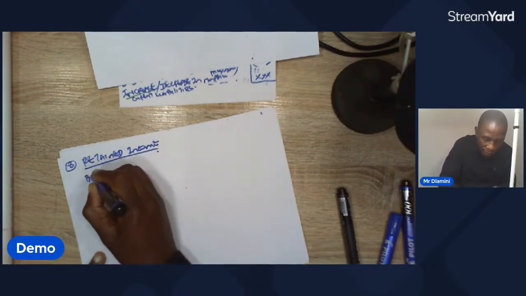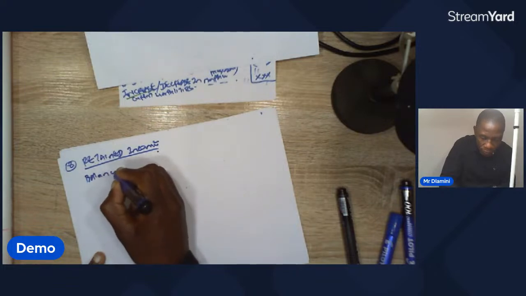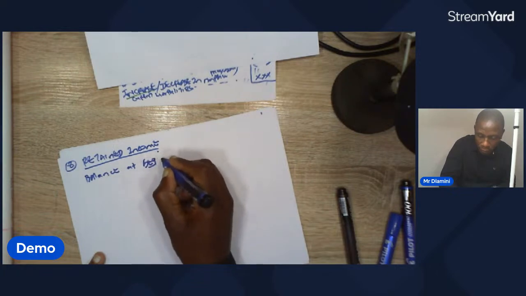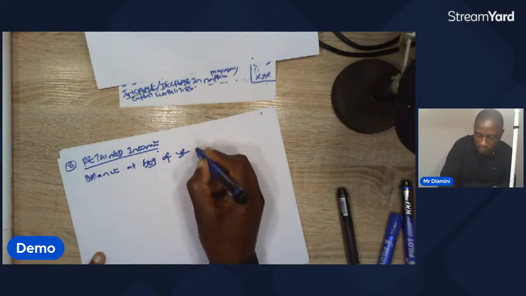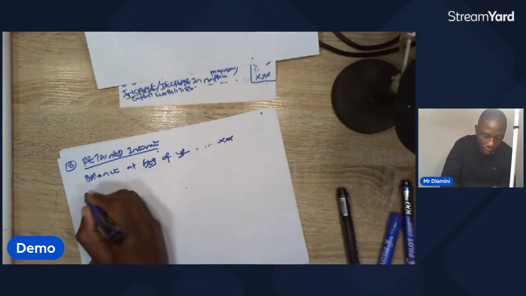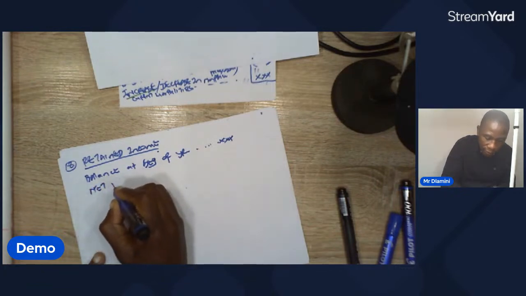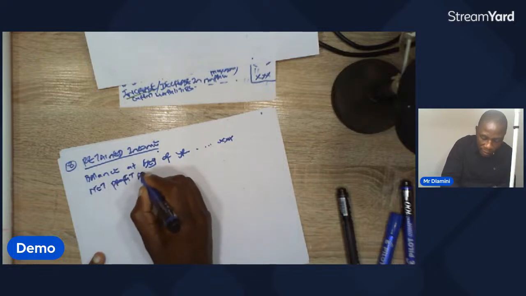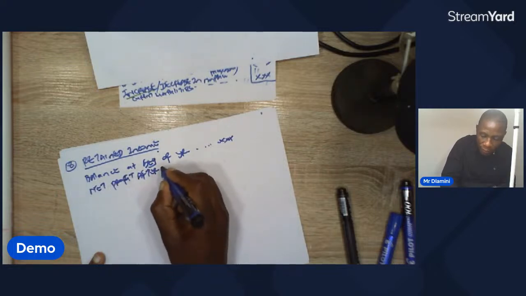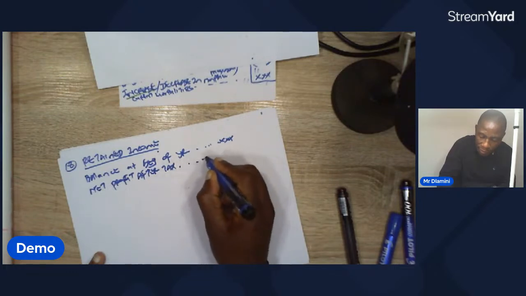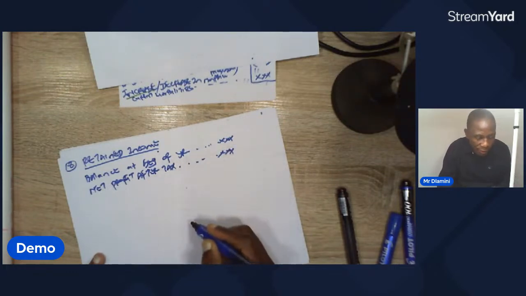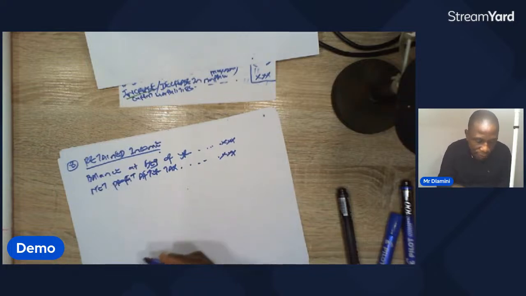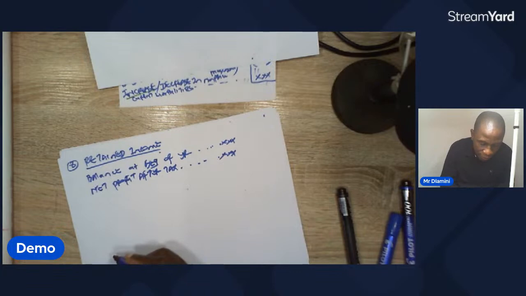Balance at the beginning of year, then net profit after tax. Sometimes you'll be given before tax and you must calculate it after tax, or you'll take it from the income statement if the same question has one.